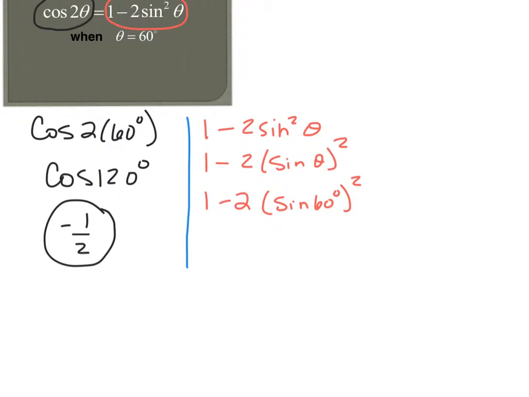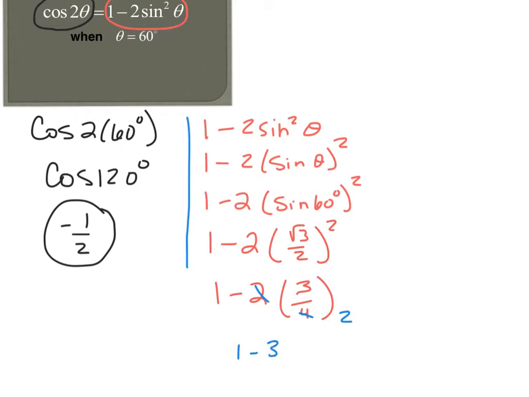Now, what's sine of 60 degrees? So 1 minus 2 times sine of 60 degrees, which is √3/2, and I'm going to square it. Now it's just a basic computation problem. √3 squared is 3, and 2 squared is 4, so I get 3/4. These reduce, and I have 1 minus 3/2, which is equal to -1/2.